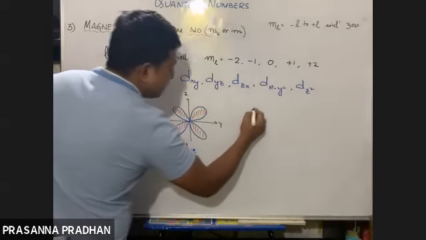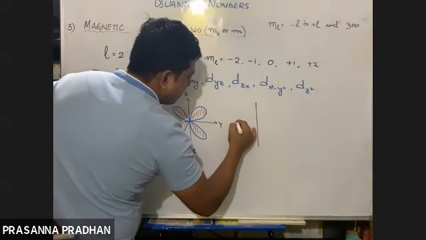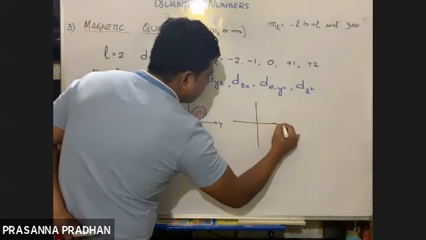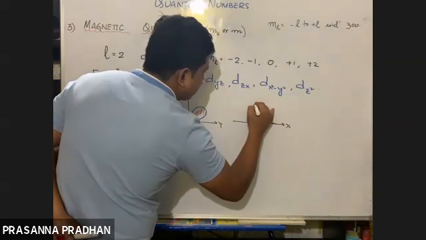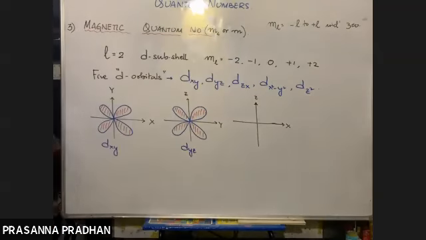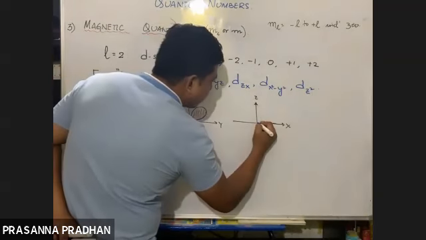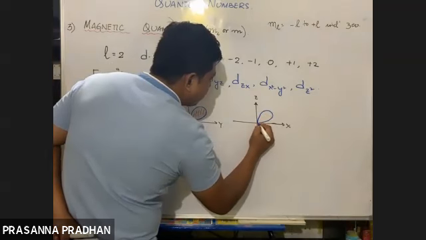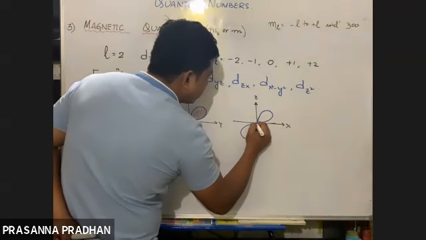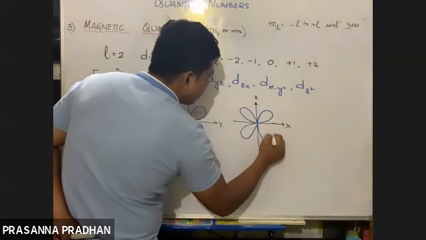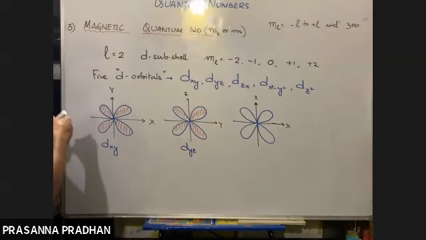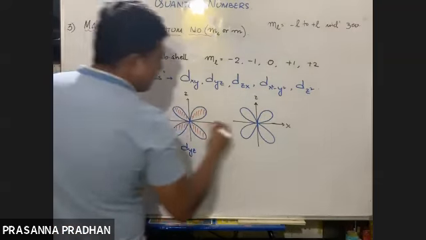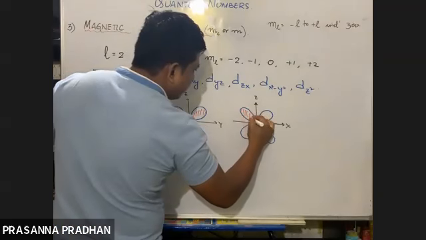Now next, again I'll consider this as the x and this as the z. So now you can guess it. What is the shape of dzx orbital? Again the lobes are oriented in between the z-axis and the x-axis like this.